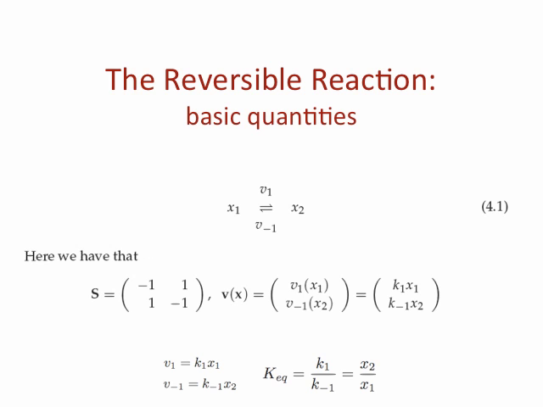And we see here that that is simply the ratio between K1 and K minus 1. I will point out that the units on K1 and K minus 1 are the same. They are reciprocal time, and therefore the equilibrium constant for a linear reaction is dimensionless.